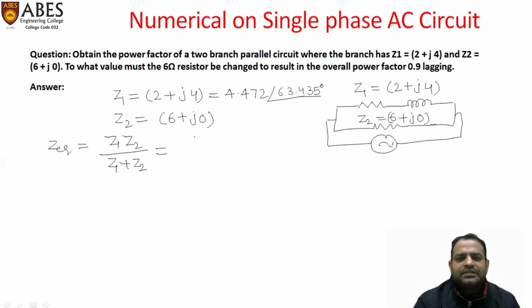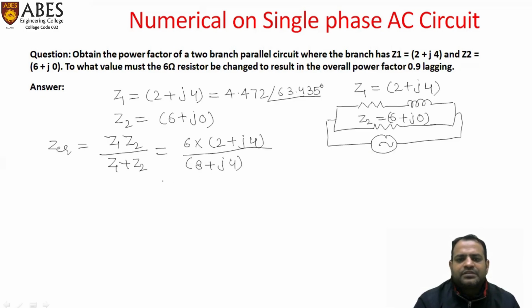So Z1 is 2 plus j4 into 6, upon 6 plus 2, 8, plus j4.